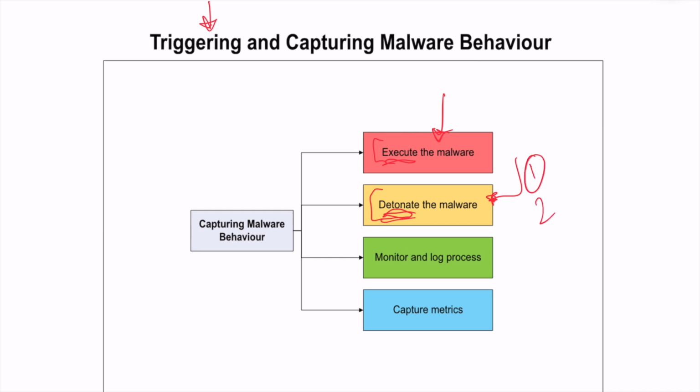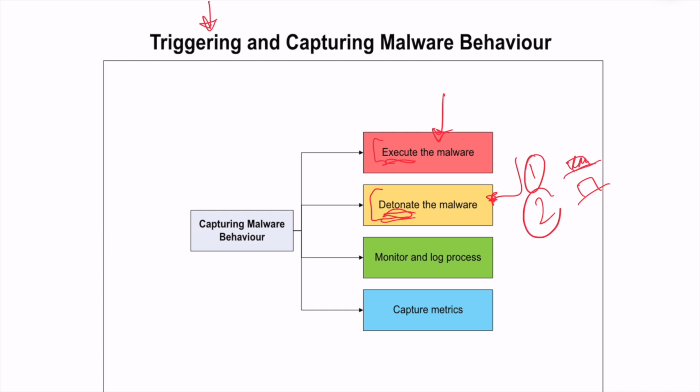But there's also a second definition, which is a little bit more useful. Again, depending on who you ask and what side of the fence you are on, do you have a black hat or a white hat, it could mean two different things. First, and this is probably the most accurate, at least in my opinion, the payload will be triggered in a sandboxed environment to isolate and analyze it.